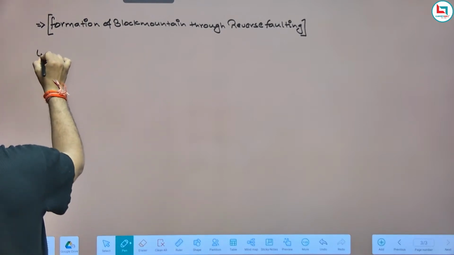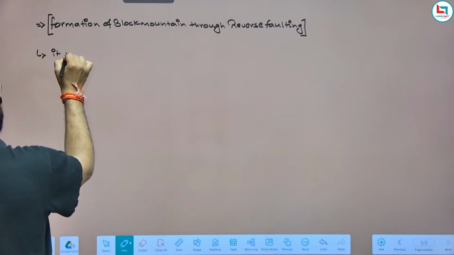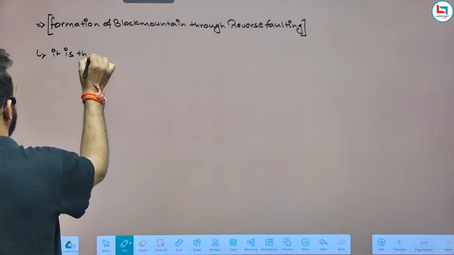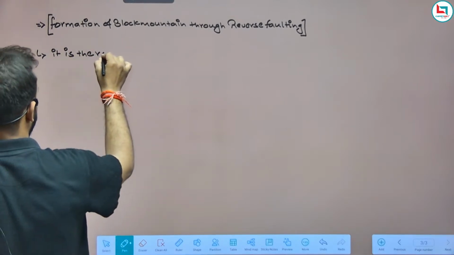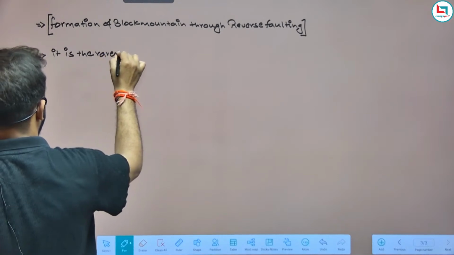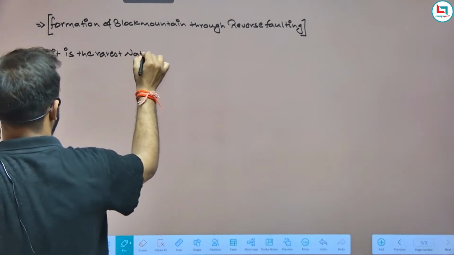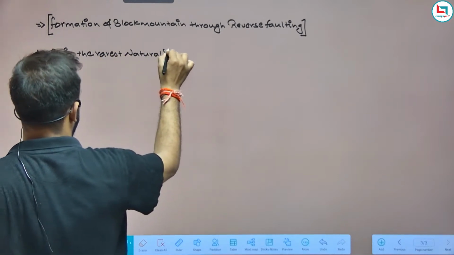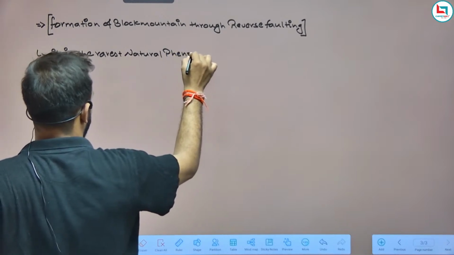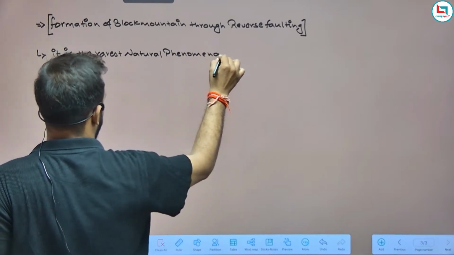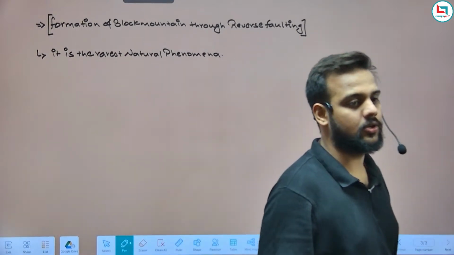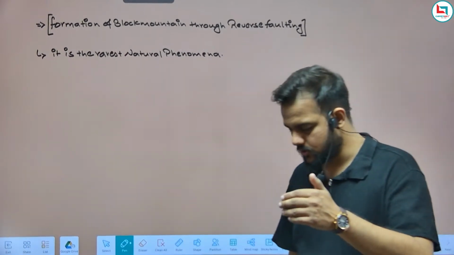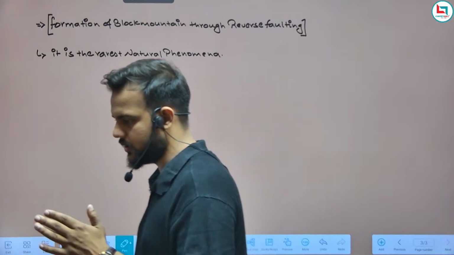Remember, it is the rarest natural phenomenon. Only 1% of block mountains are formed due to the process of reverse faulting.